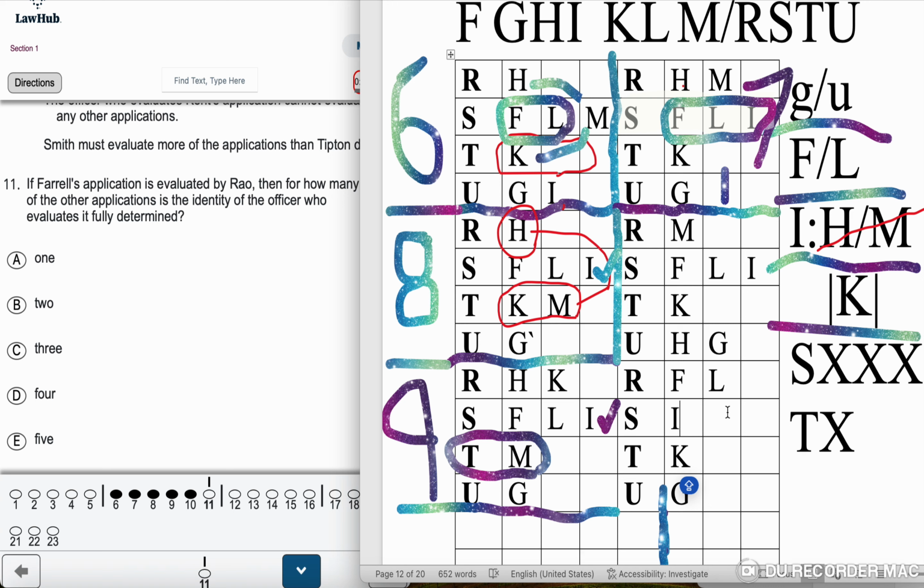So I'm going to put I, and with, can't put it with H and M. Let's see if I can put I here.